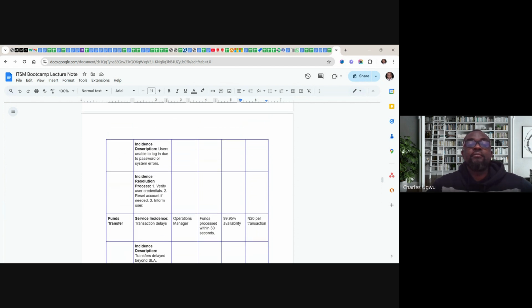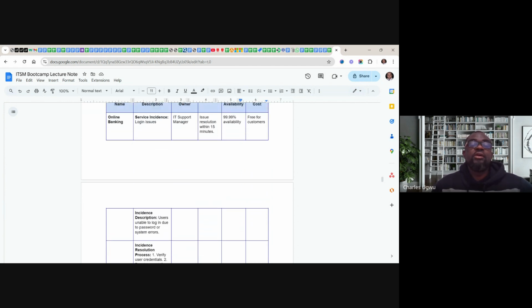For online banking, the kind of incident we have here is login issue. Customers can't log in, and that is the incident. Users are unable to log in due to password or system error.